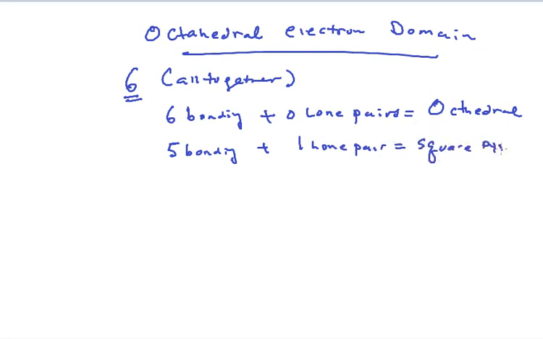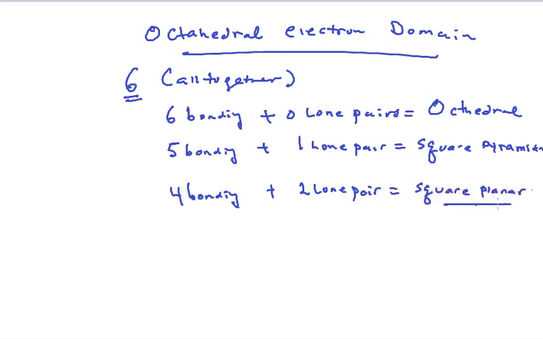And you may end up with 4 bonding pairs and 2 lone pairs. Remember, everything adds up to 6 altogether. You will have something called square planar.